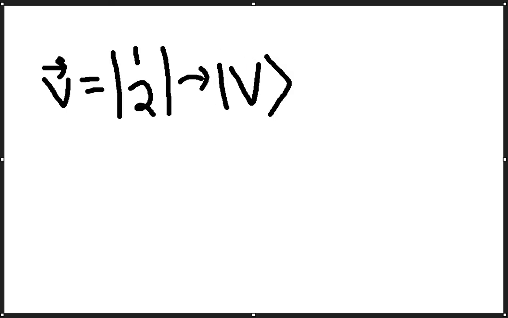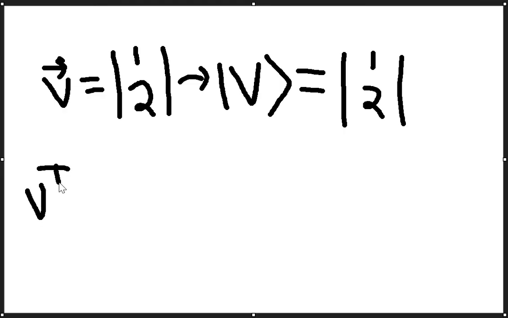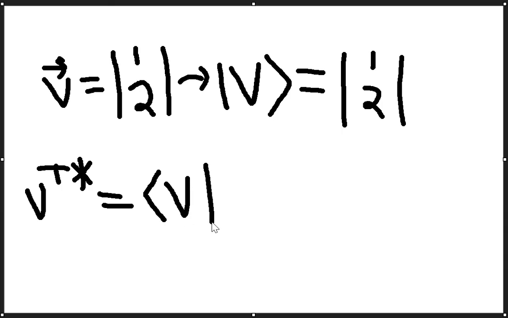This is still equal to the same thing, of course, 1, 2. But this enables us to take the dot product. Instead of writing v transpose star or something, we can instead write it like this. This is called the bra. And this is the ket.